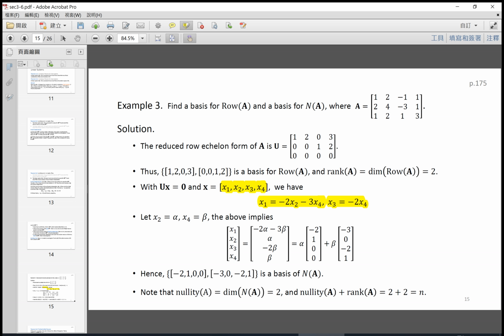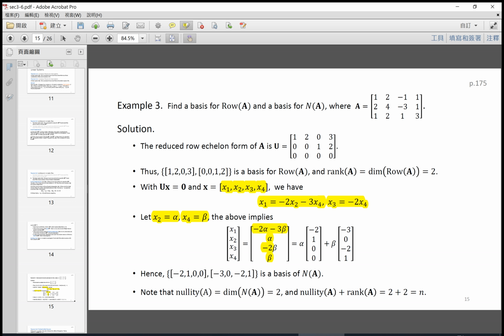Let's denote x2 as alpha and x4 as beta. Alpha and beta are the two free variables. After substituting x2 and x4 into the two equations, we obtain x1 equals minus 2 alpha minus 3 beta, x2 is alpha, x3 is minus 2 beta, and x4 is beta.